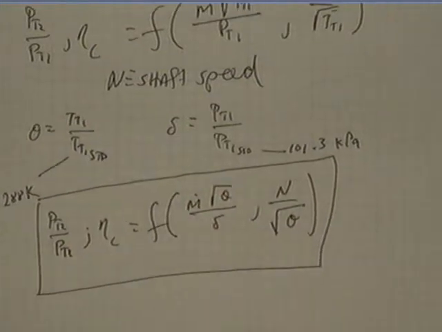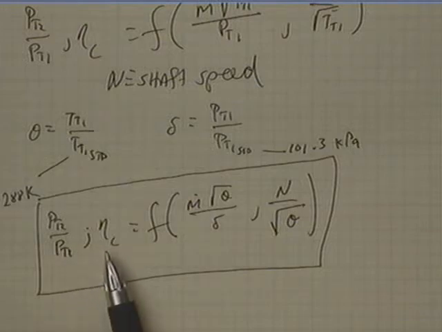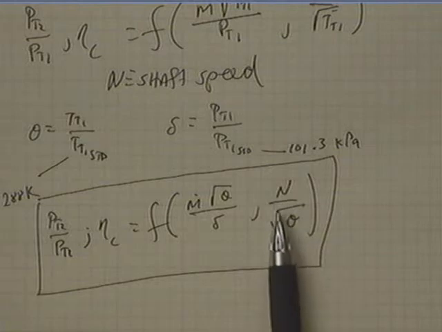So for every multi-stage compressor, or even a single-stage compressor, we can look at the total pressure ratio and the efficiency as functions of the corrected mass flow and the corrected speed.